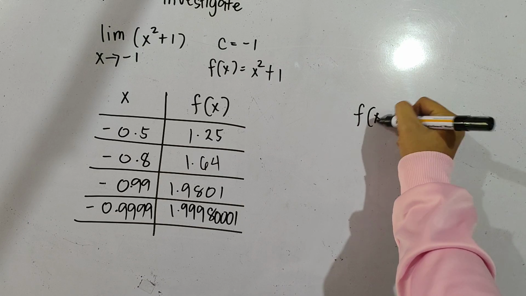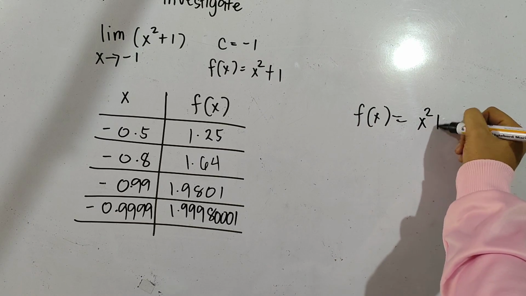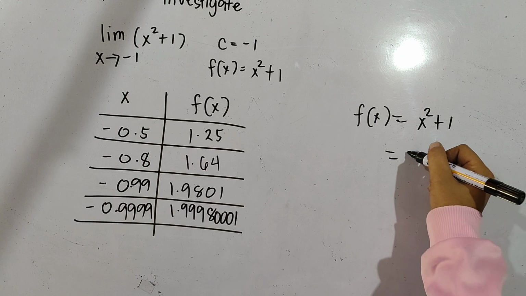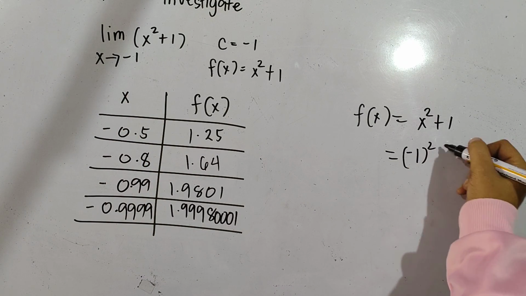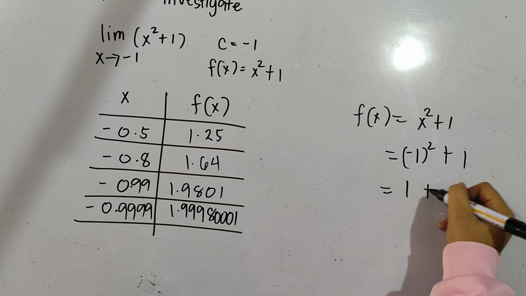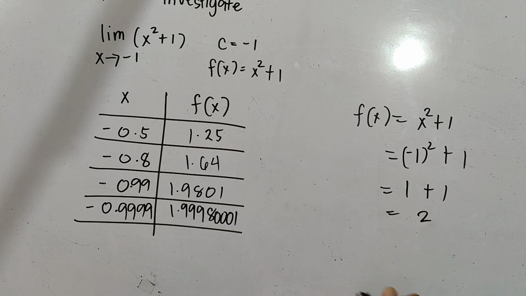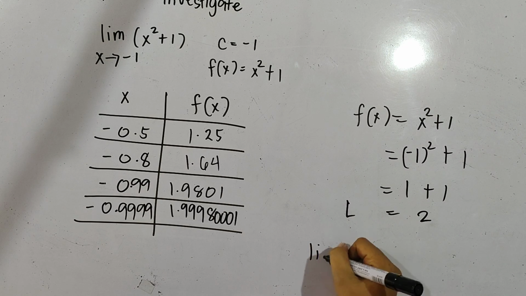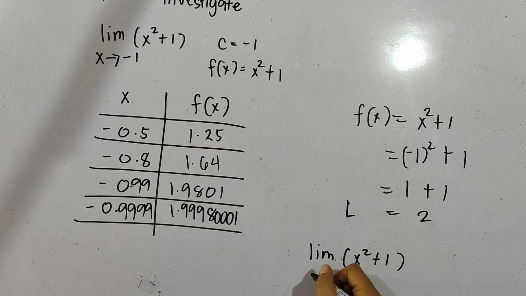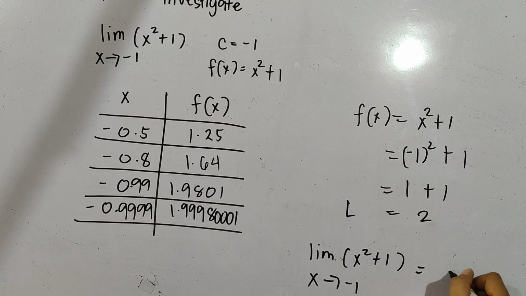So f of x is x squared plus 1. Our x is -1. -1 squared plus 1. -1 squared is equal to 1 plus 1 is equal to 2. So the limit of x squared plus 1 as x approaches -1 is equal to 2.